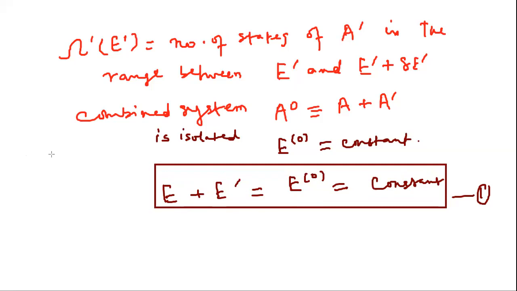So it is simply, as we discussed in the last lecture, the conservation of energy statement. So we can write E plus E prime is equal to E naught, and that is constant.